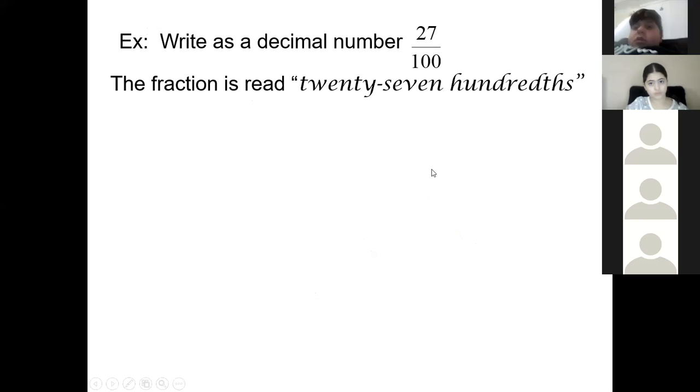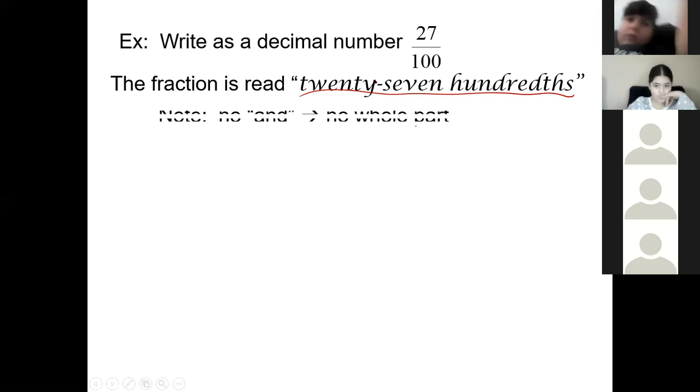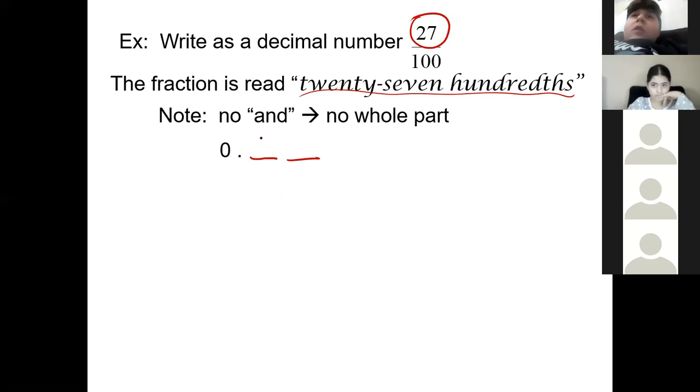Because it's 100. How do we write it as a decimal number? 0.27. Bravo. There is no and, so no whole part. The whole part is 0, point. Hundredths means how many digits in the decimal part? 2 digits, Kawthar. The decimal part doesn't have ones.